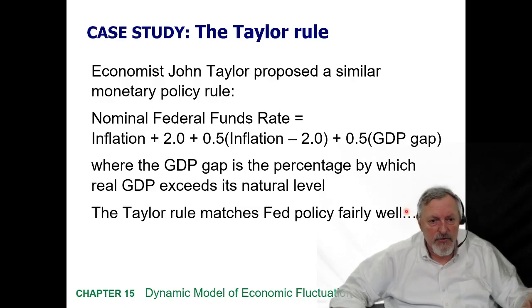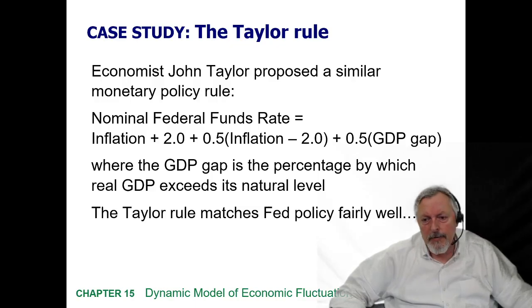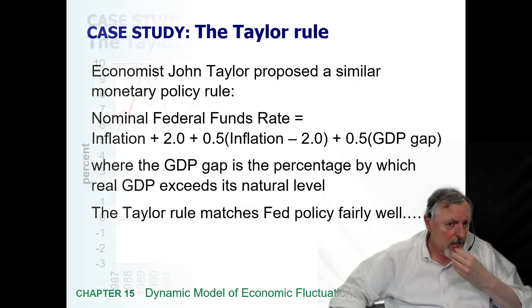If you apply this to Fed action before the Volcker administration, it did not predict what the Fed did in those earlier years, which is possibly why inflation was out of control in those years before Paul Volcker.